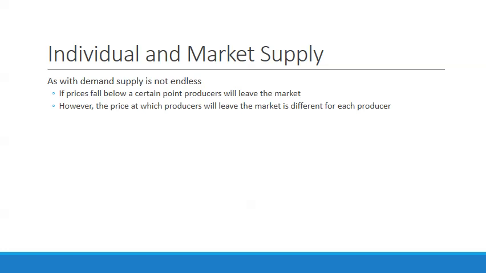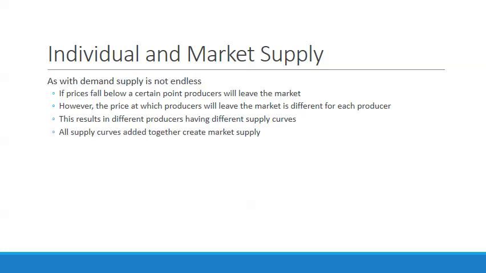Much like consumers, everyone has a different idea of how much they're willing to pay. Producers have a schedule based upon how much they're willing to accept, and each of them are not willing to risk profits by continuing to produce even into a negative. So at some point they of course will stop. As a result, different producers have different supply curves. And then once you add them all together, what you end up with is market supply.